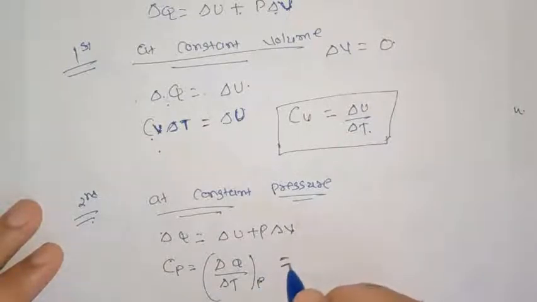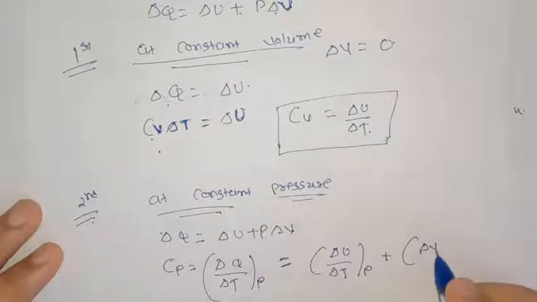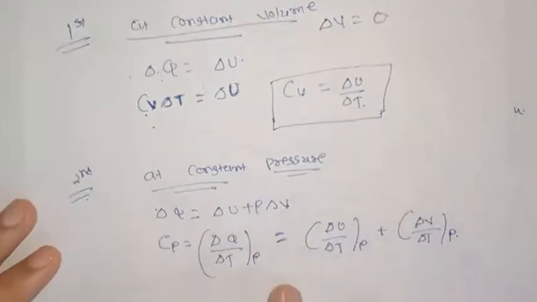That will be equal to delta U by delta T at constant pressure plus P into delta V upon delta T at constant pressure.